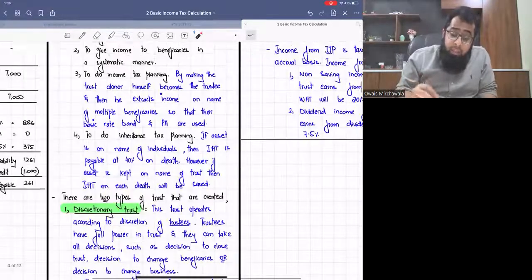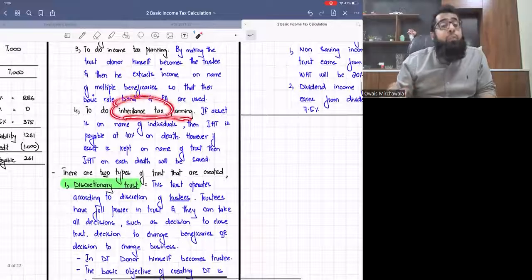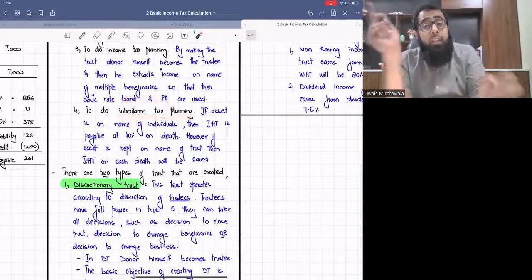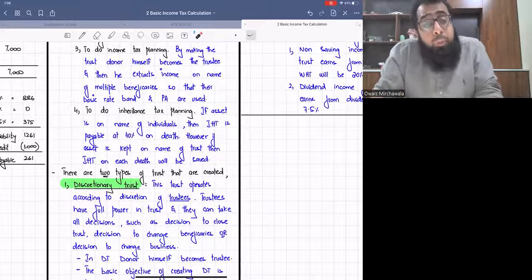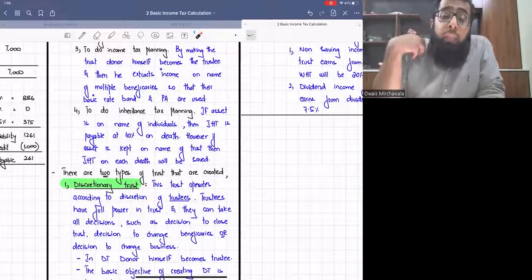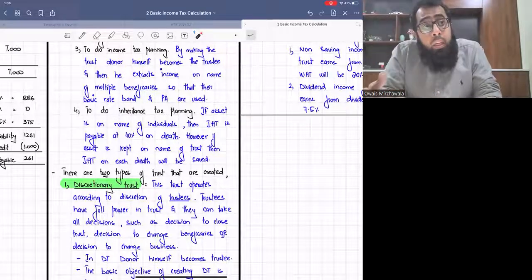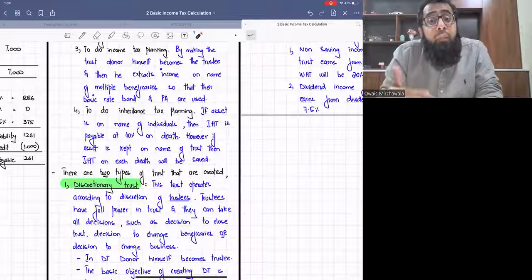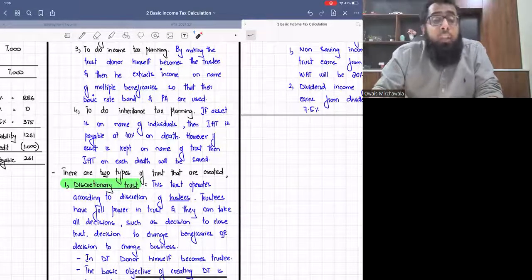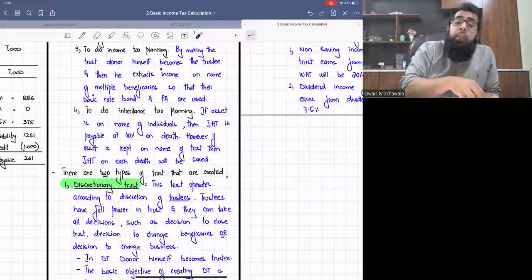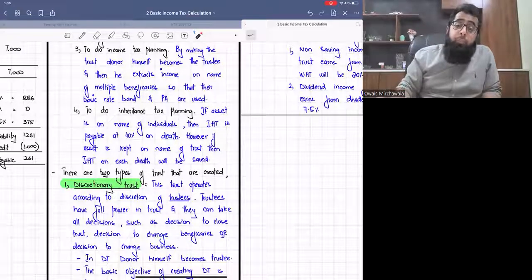And there is inheritance tax planning also involved in it. Now, we will discuss the inheritance tax concept in IHT. What people used to do is that if you keep the assets in your own name, you have to pay 40% inheritance tax on your death. So what people do is that they give assets to a trust.